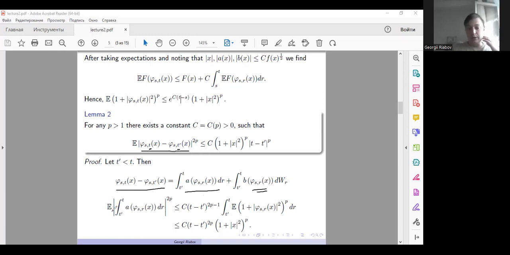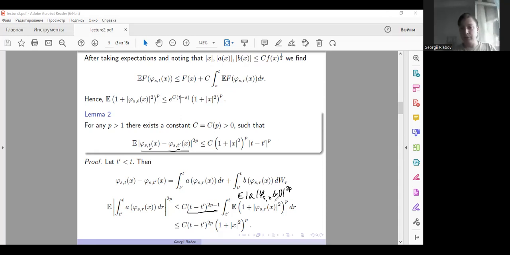For the expectation of the integral of a to the power 2p, first we use the Hölder inequality to put 2p inside the integral, and this gives us (t minus t prime) to the power 2p minus 1 times the integral, and under the integral we will have the expectation of the absolute value of a of phi s,r of x to the power 2p.